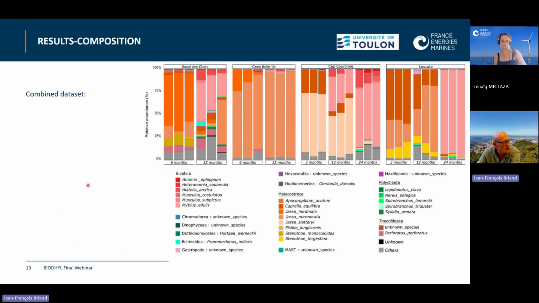So when we combine the data sets, we get these results, and we keep these clear differences between the different sites, but we also see that there is a higher diversity than just with the morphotaxonomic. And so we can imagine some more specific characterization.